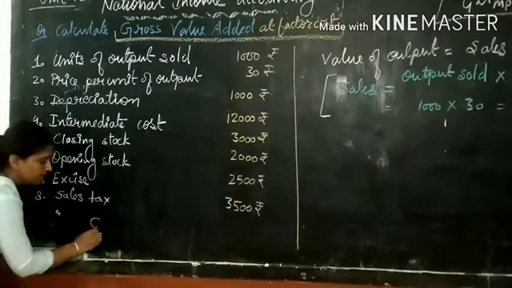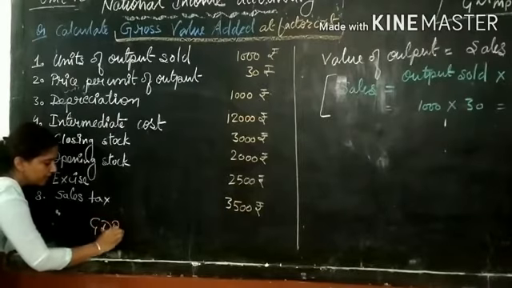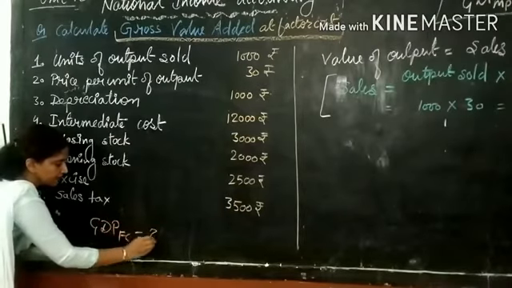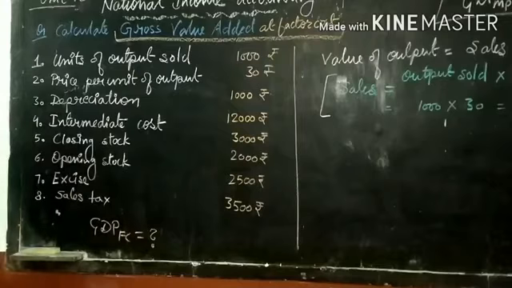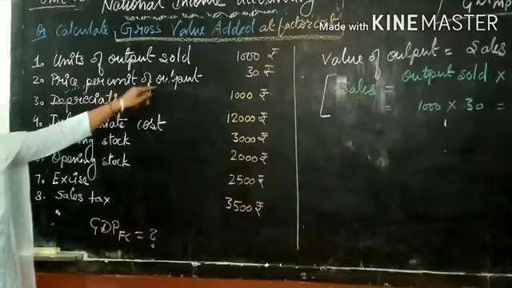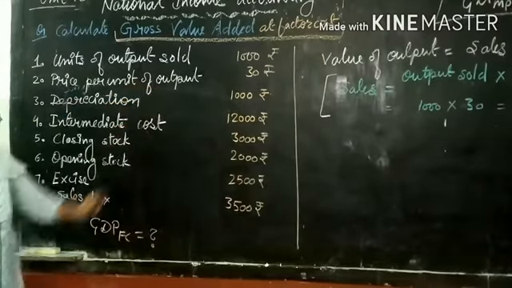In this question, we have to estimate gross domestic product at factor cost. To estimate this, we are given some items. First, units of output sold, that is 1000 units.